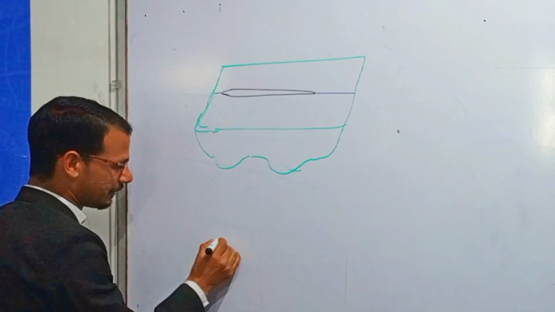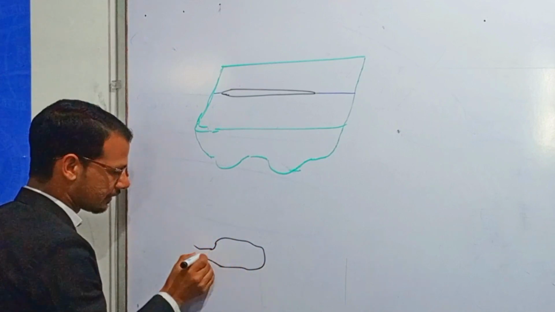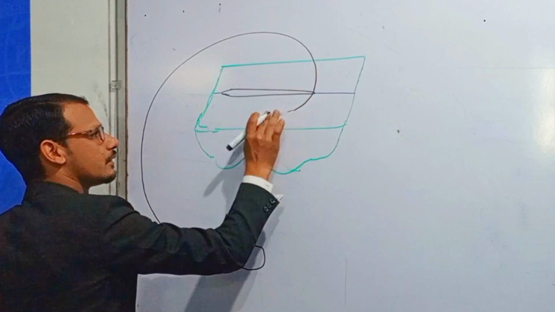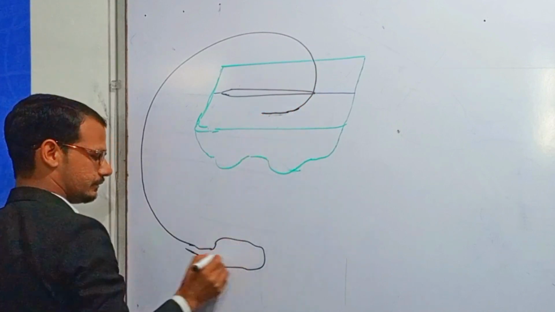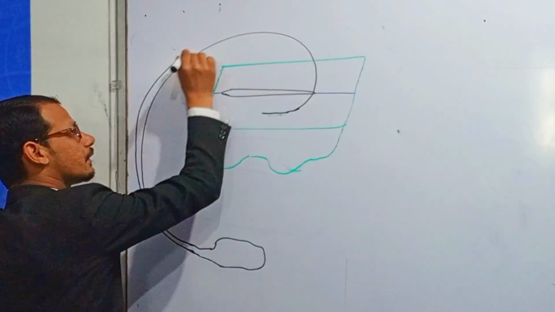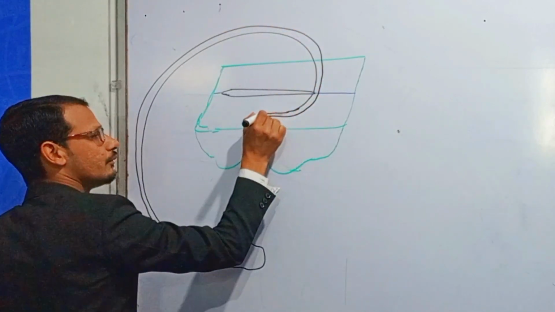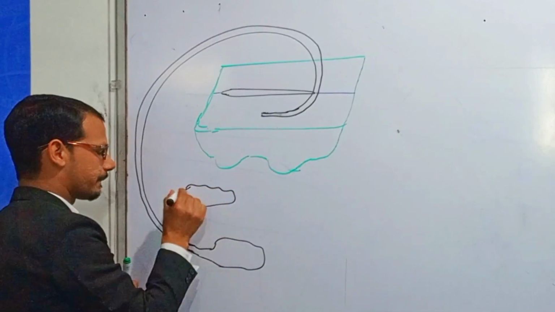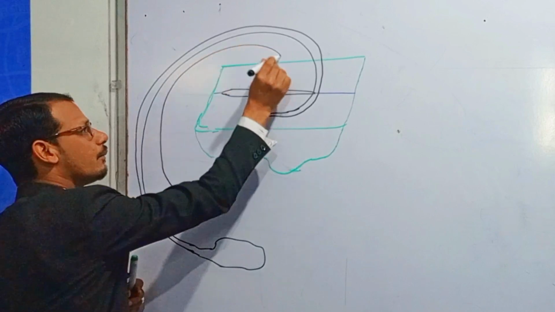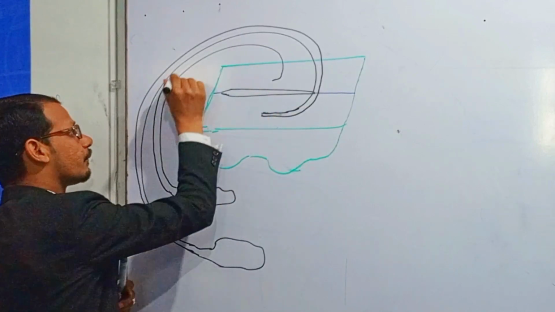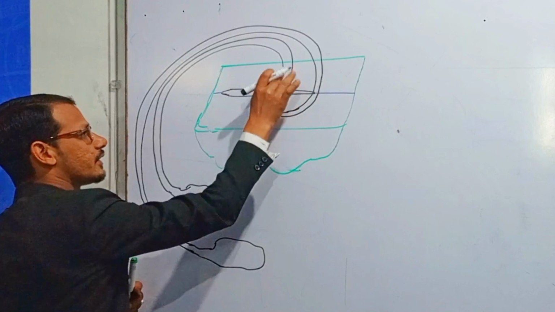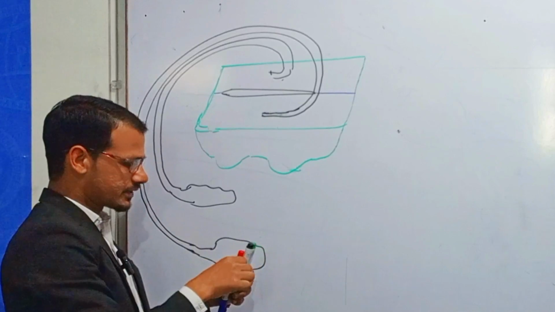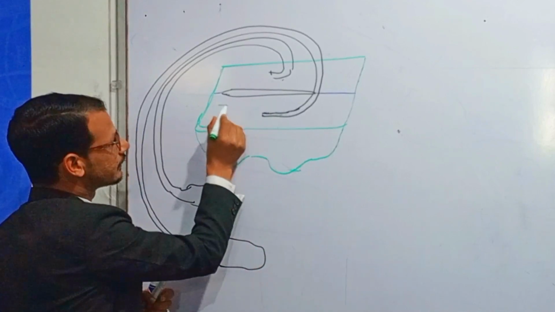For example, these are the nuclei and these are the fornix fibers. This is fornix system one and this is the second fornix system. Here two swellings are present, which are called mammillary bodies.